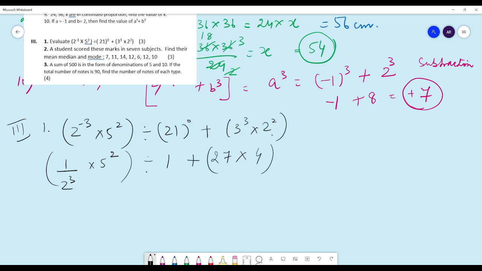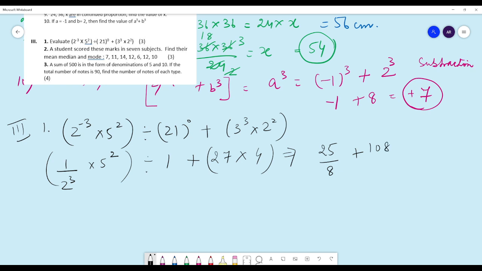Now they remain over here. Now this is divided by 1, which has no meaning as such. So what we have over here is this question turns out to be 25 by 8 plus 27 fours are 120.